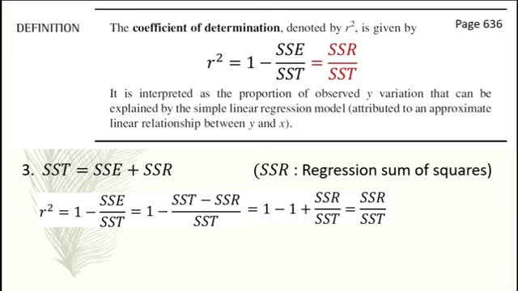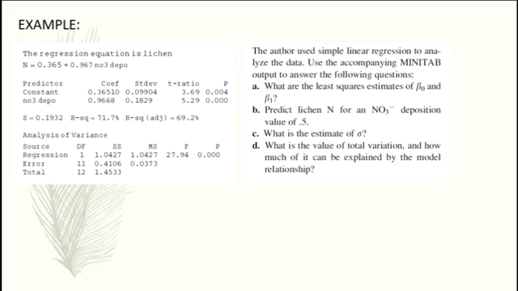Okay, so now let's have a look at an example. This is exercise 20. You had to do A to C. In this one, you need to be able to do D, and they give you this output. This output is typical statistical software output, and even though you're not doing this particular software, you'll get output like this in most packages.